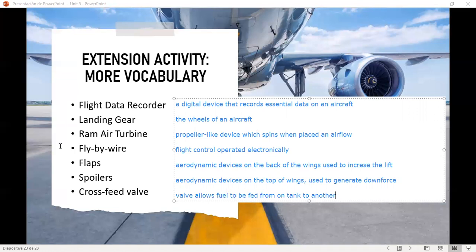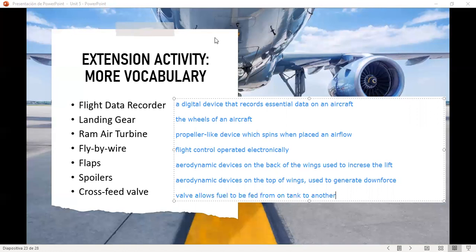That is a crossfeed valve. It connects both engines of the aircraft so that if there's an engine with less fuel, the one with more fuel feeds the one with less. It's like an extension of the fuel tank, an internal valve.